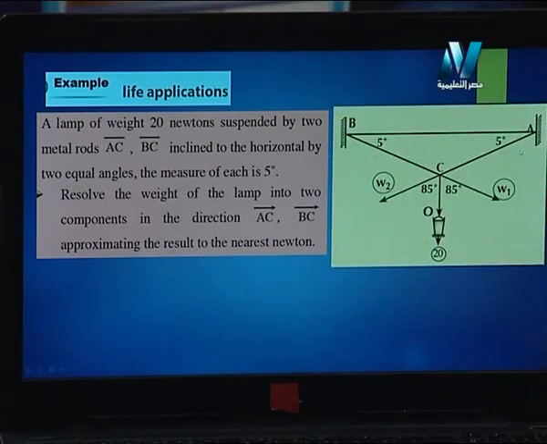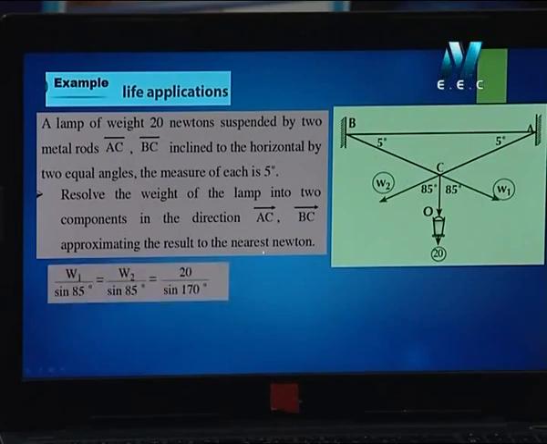We have, as he said, a 20 newton lamp, and it acts downwards because of the gravity of the earth, and we have AC and BC here, equal in length, and we have W1 and W2.